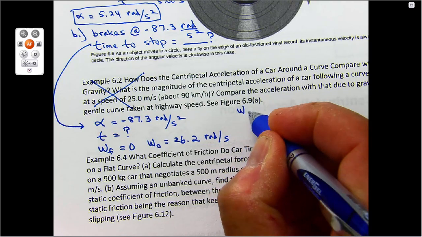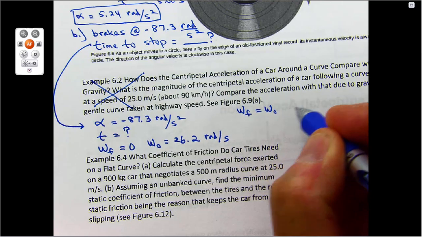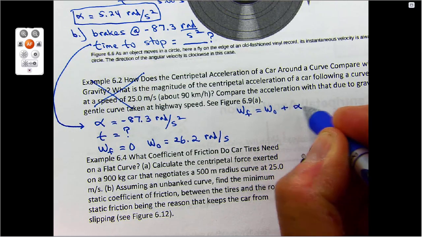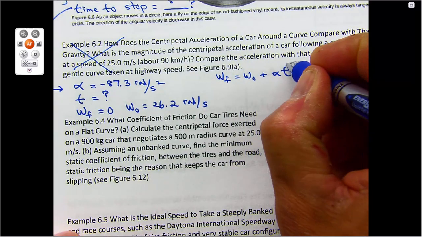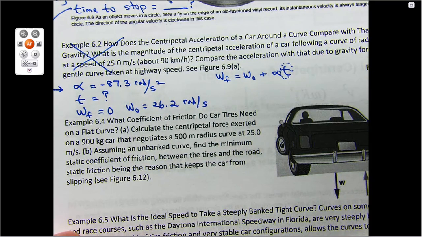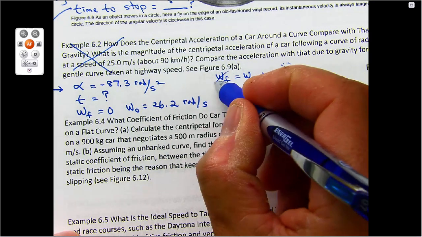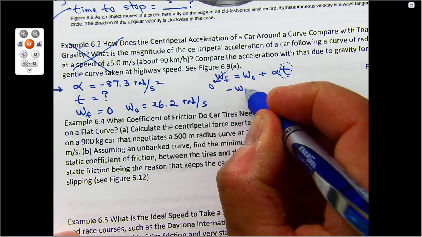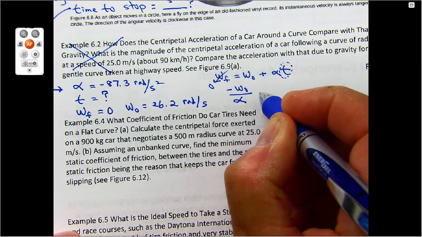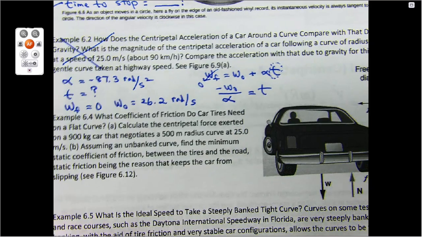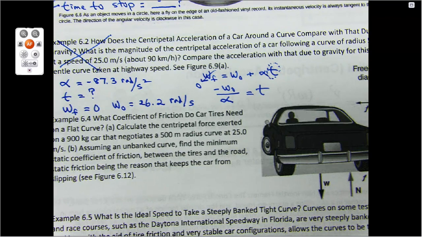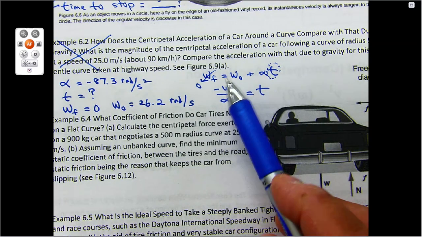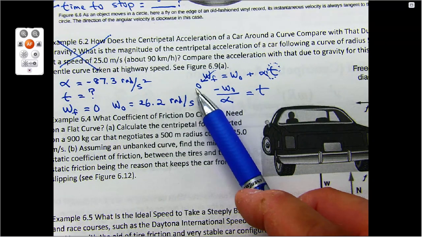But this is omega final equals omega initial plus alpha t, and if we're going to solve this for time, this is 0 minus omega initial divided by alpha would be our time, right? Yeah, omega comes to a stop, so this is 0.